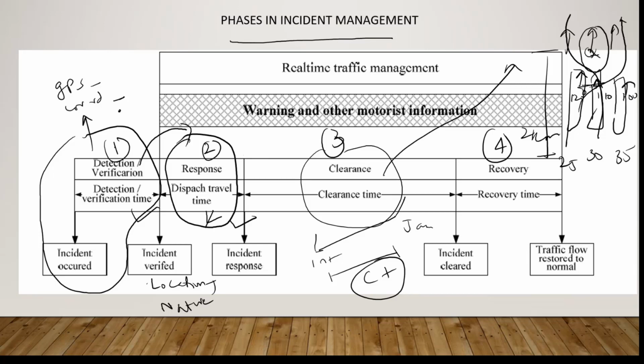All those vehicles that were going at 120 now need to reduce their speed, and they need time so that they can again maintain that speed of 120, because here their speed may be 30 kilometers per hour and here 50. So this is basically the clearance time, and this is the recovery time as well. Okay?